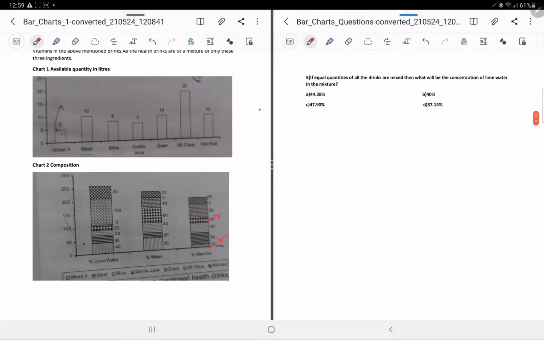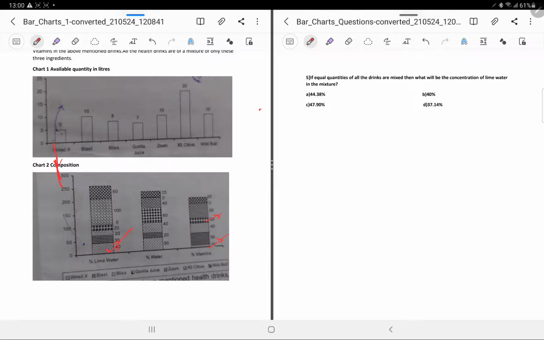If equal quantities of all the drinks are mixed, then what will be the concentration of lime water in this mixture? Let's try and see this. So what we can do is, you have to talk in percentages. So we know that 40% of whatever is the quantity of wired eggs is basically lime water.